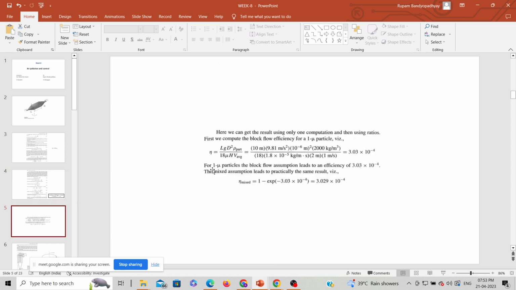For the mixed condition, efficiency is 1 minus exponential of this parameter, L into g d squared rho particle divided by 18 mu h. If you calculate this, you will get the efficiency.